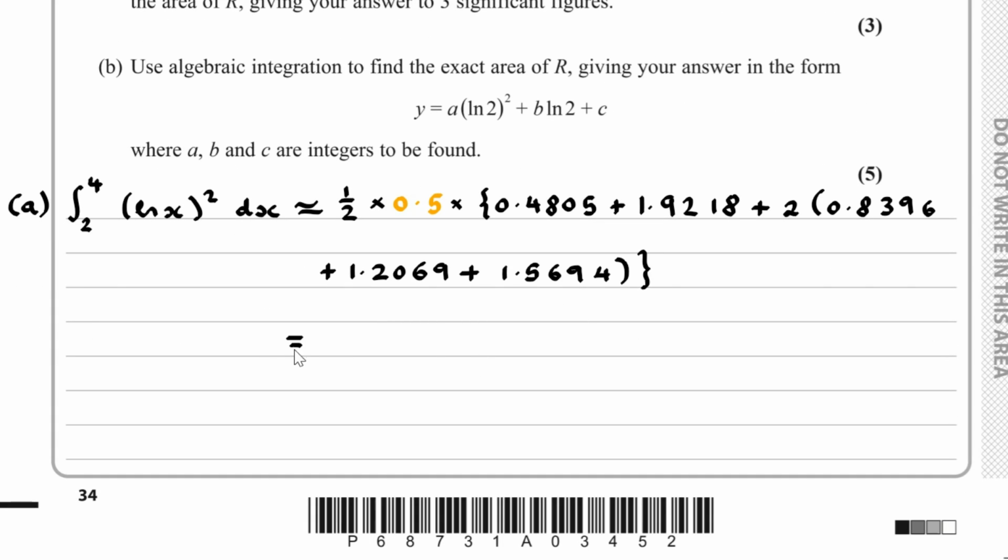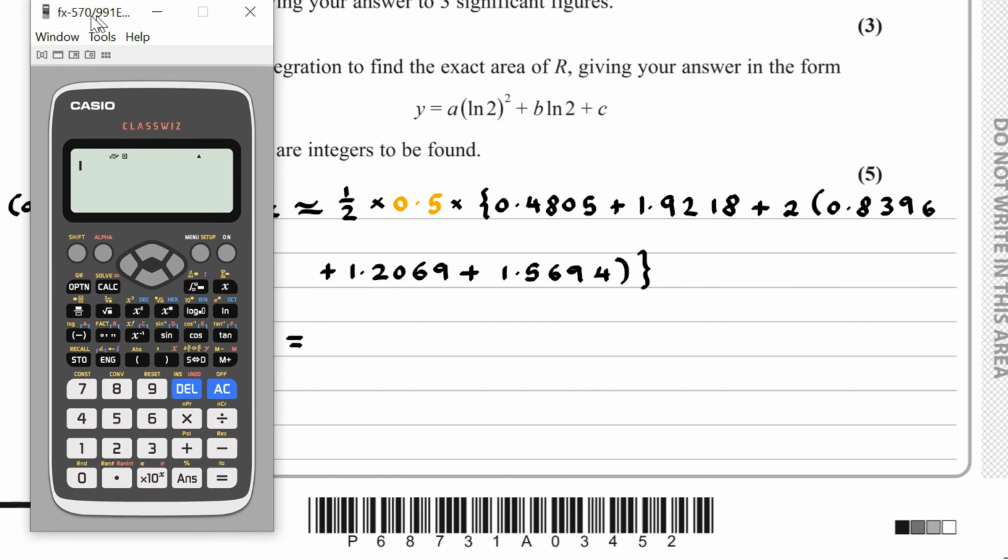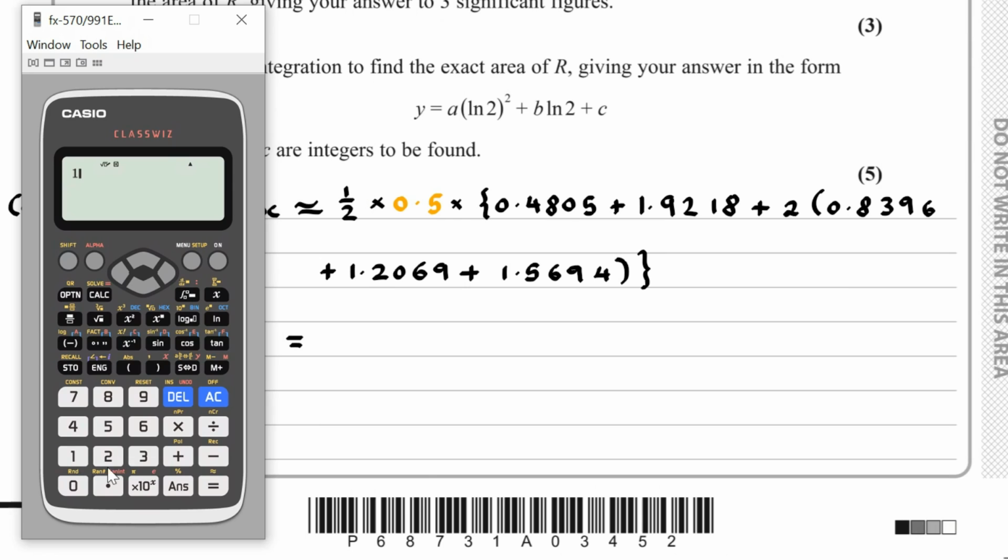So if we work all of this out, let's use our calculator. We've got 1/2 times 0.5 times by 0.4805 plus 1.9218 plus two lots of the values in between, 0.8396, 1.2069, 1.5694.